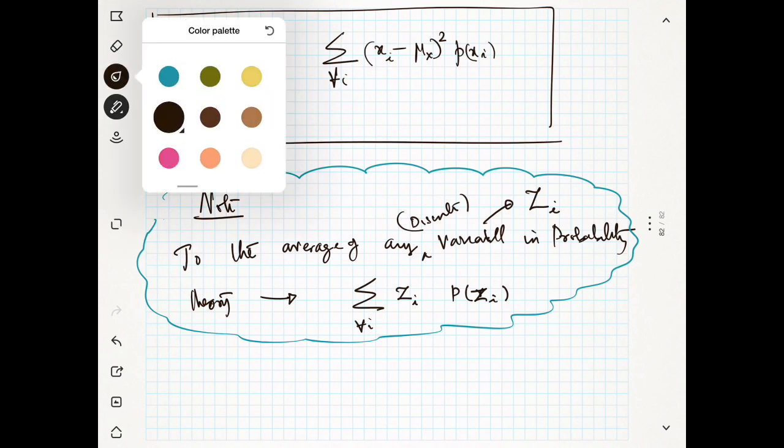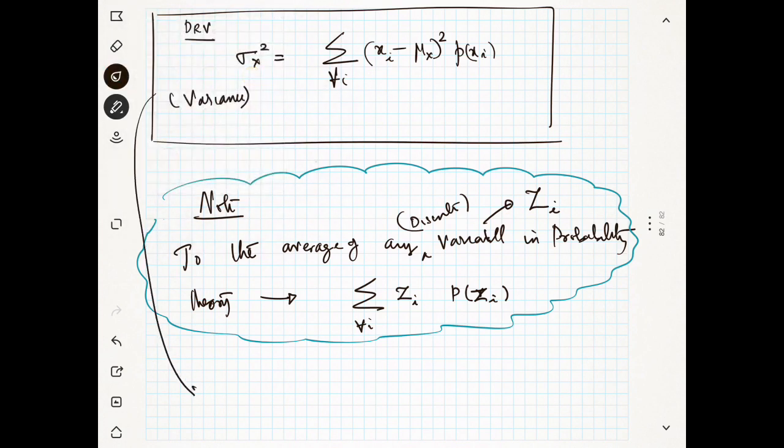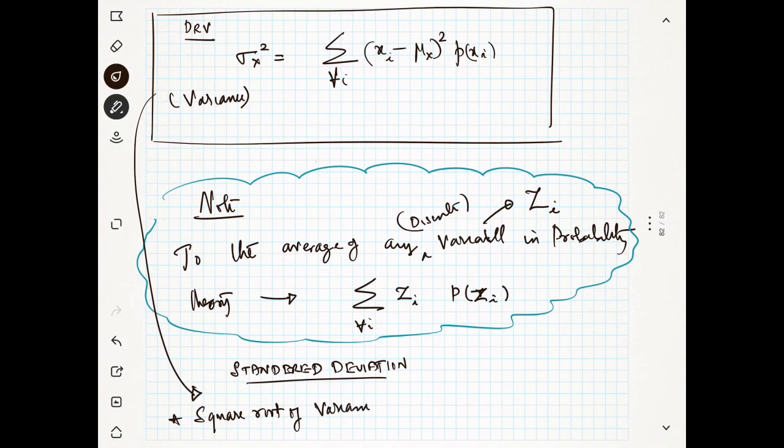Now from the above theory, I can derive one more thing, that is known as the standard deviation. I think you might have heard about this. What do you mean by standard deviation? It is nothing but the square root of the variance. The standard deviation is usually denoted as sigma x. That means you just take the square root of sigma x square.